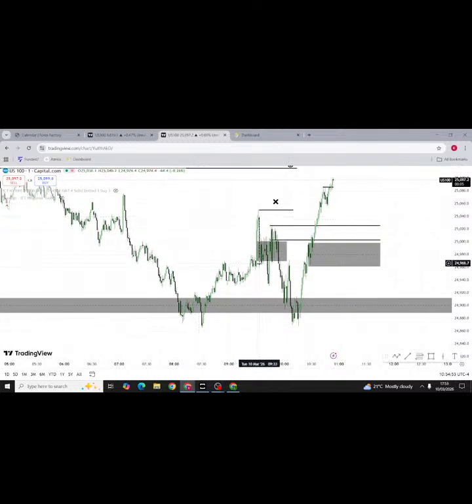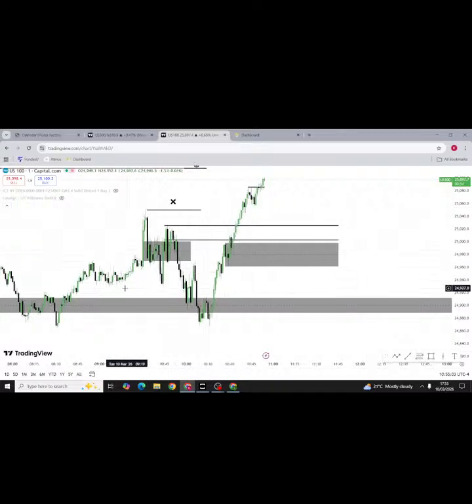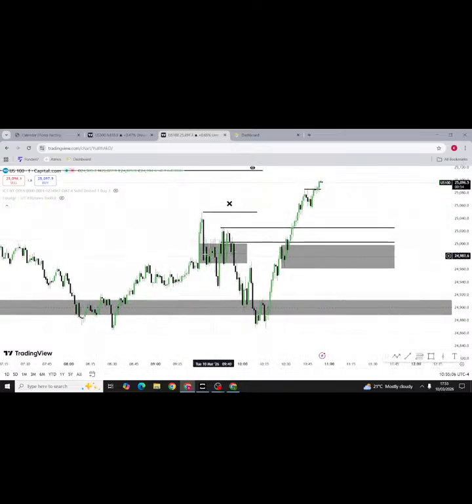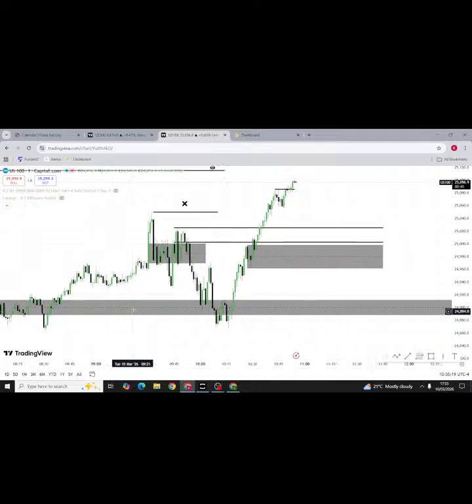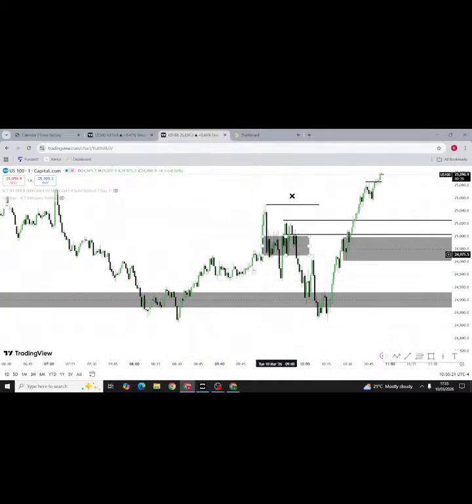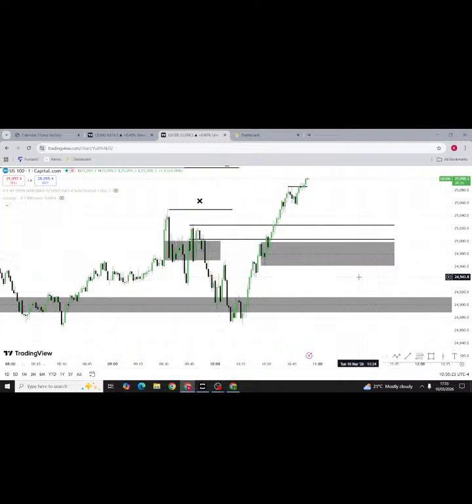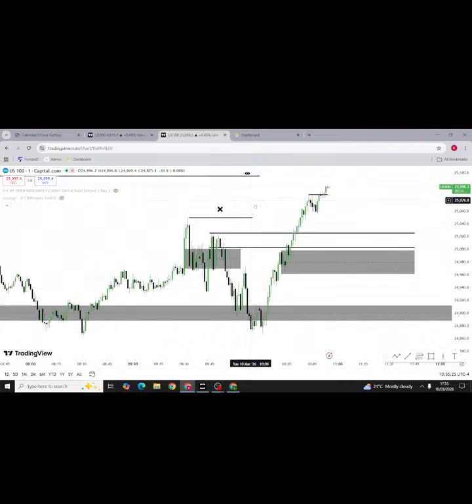Because check, during 9:30 we shot upwards, then we came down, we consolidated around that first presented fair value gap, okay? Then we came back to this fair value gap over here, then we tanked, took out this sell side liquidity, then we came around this area, but we missed that sell side liquidity, right? But check, compare these two price action, because I've noticed one thing.